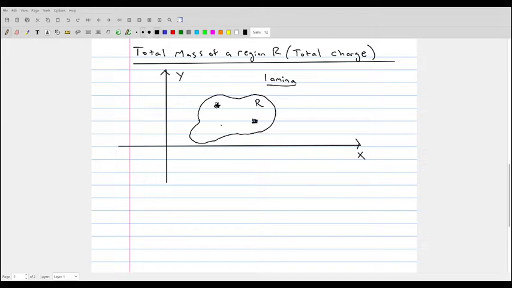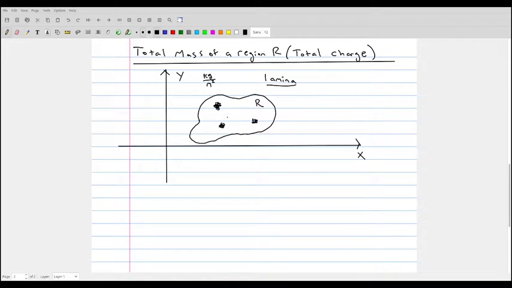You can also say maybe a third region, or however many regions you want to consider, where the mass is very heavily concentrated. So there's a lot of mass per unit area. In this case, maybe you're measuring in kilograms per meter squared.